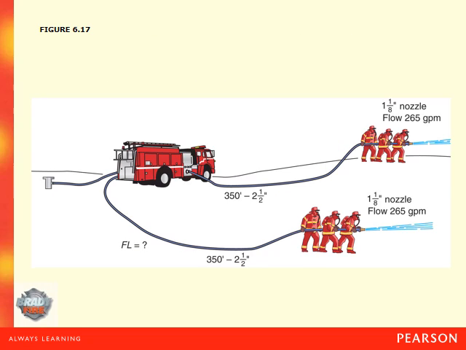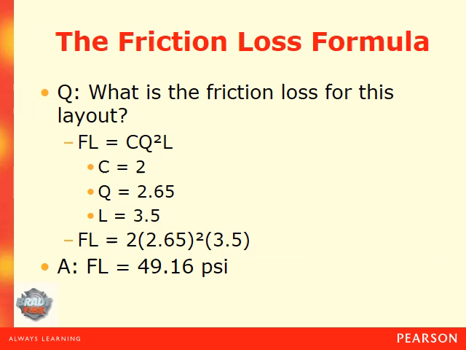So the problem is going to look something like this. What is our friction loss? Our friction loss is going to be the coefficient, times the gallons per minute divided by 100 squared, times the length of hose, which is also divided by 100.